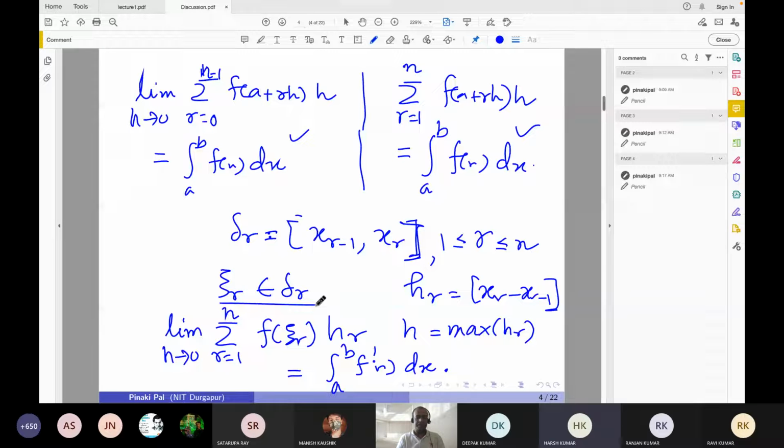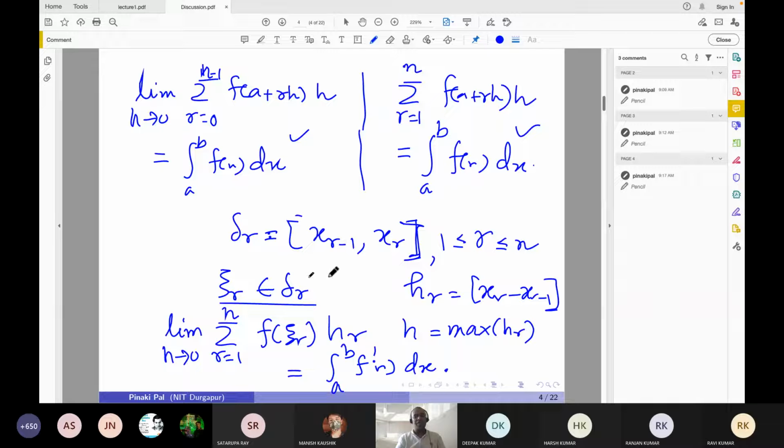Sir, what is the benefit of writing xi r instead of the previous definition? So the previous definitions are easier for problem solving, if you take the equispaced interval, but this is a more general definition.